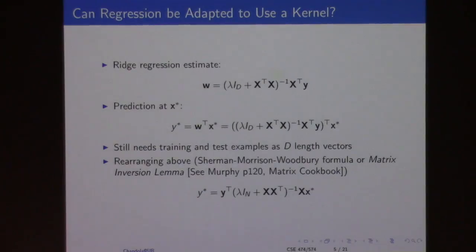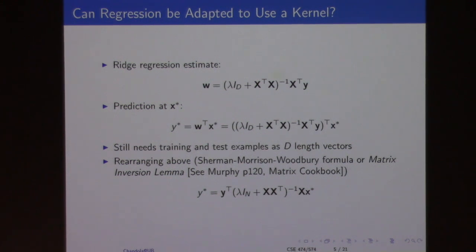Now the question is, can we apply regression or logistic regression in cases where data may not be represented as X, but we have a similarity kernel? This is the core question of kernel methods: can we apply all of these different methods which assume X is in d-dimensional space without having X in d-dimensional space?